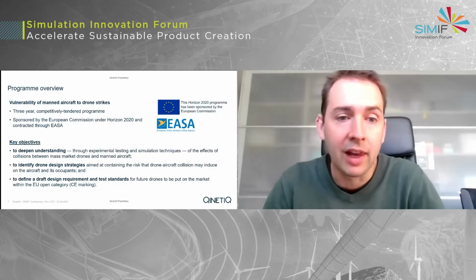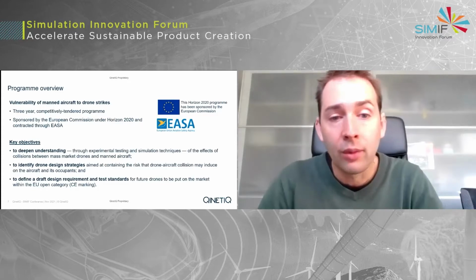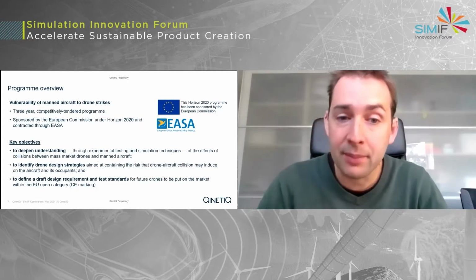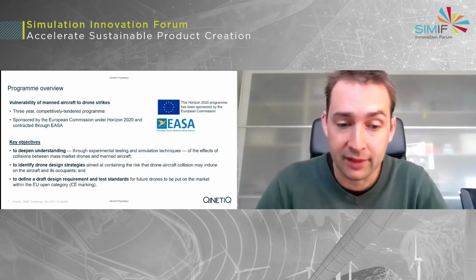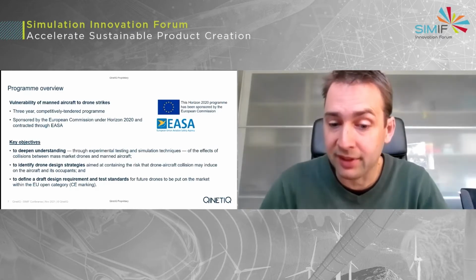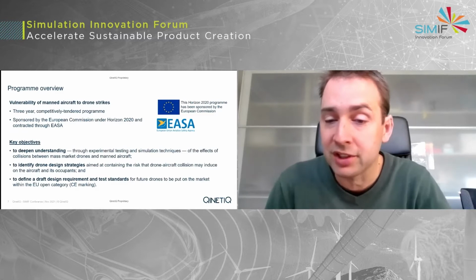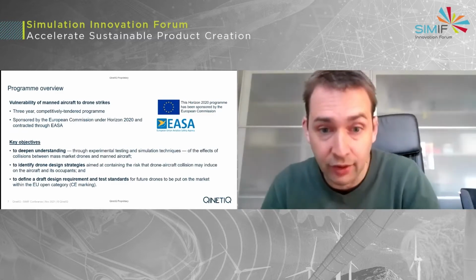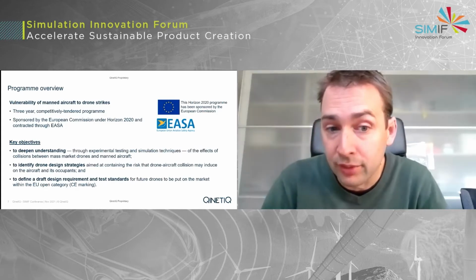After this, having developed all this knowledge, we're then going to be looking at whether there are practical steps that could be made to mitigate the potential severity of impacts by the inclusion or exclusion of design features on each of the drones.